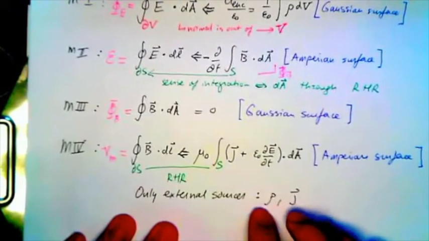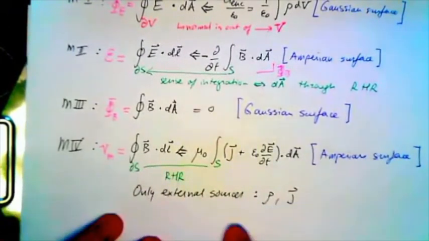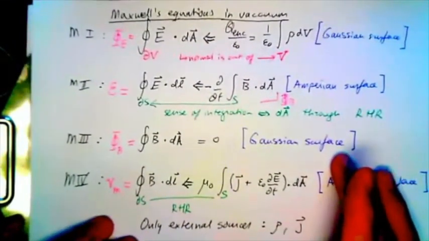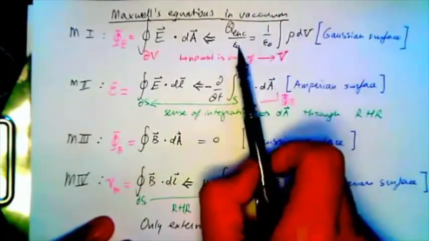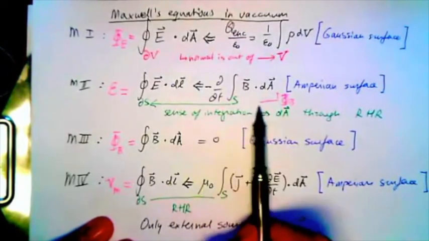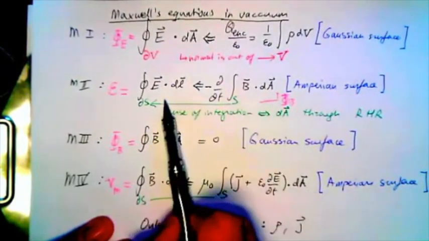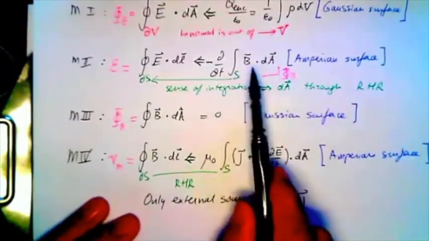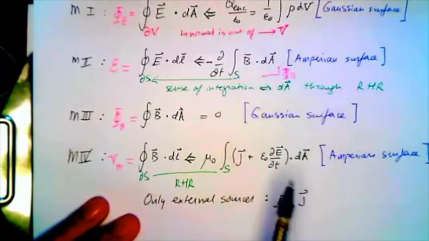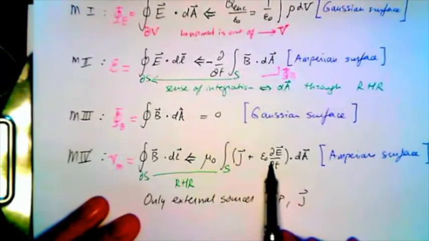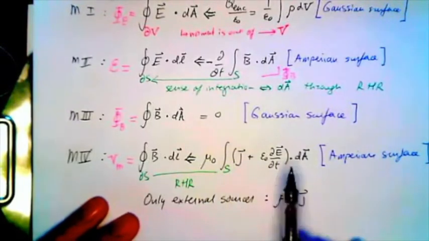If you don't do anything, so you don't have any sources, then usually you can set these things to 0, and then the equations become even a little bit more simple. So if you don't have a source here, this EDA is 0. That's nice because this BDA is 0. You have just this: EDL is the minus DDT of BDA. That's not modified. And then this one is BDL is mu naught epsilon naught DE dt.